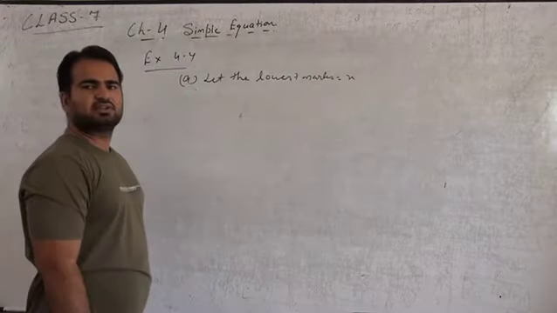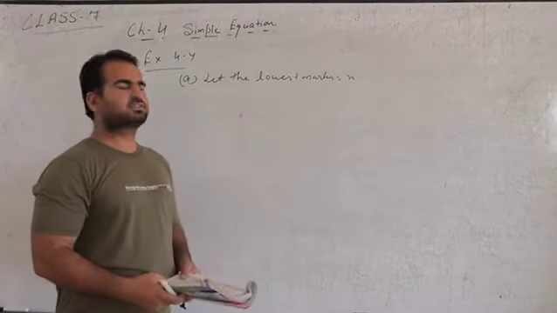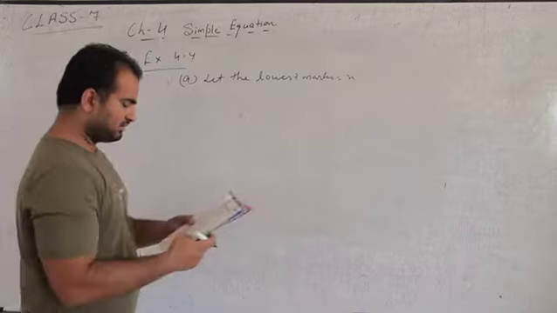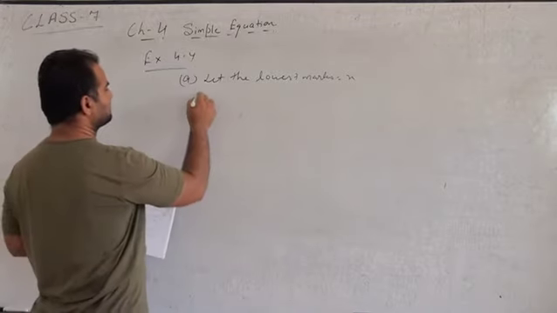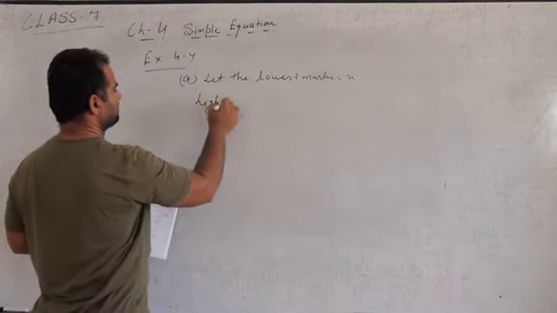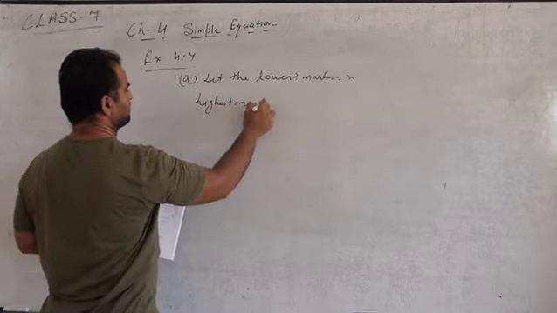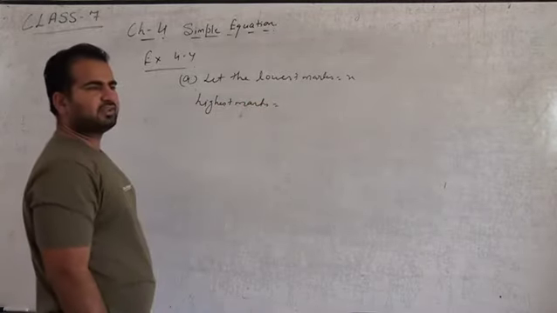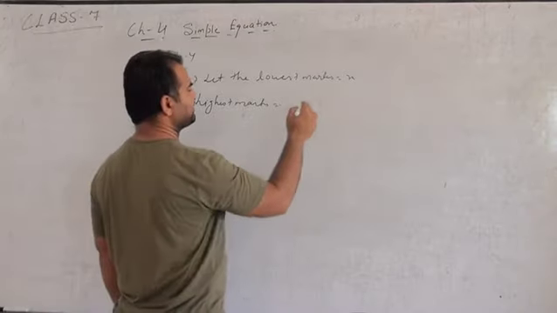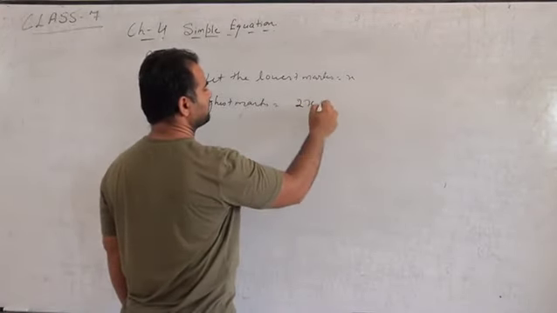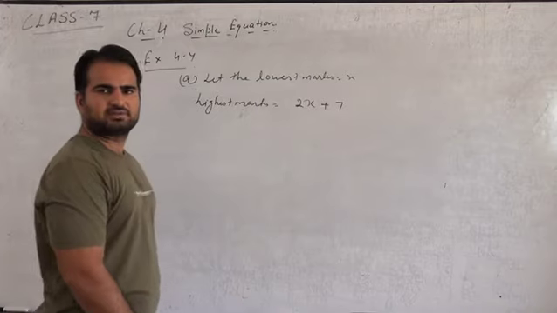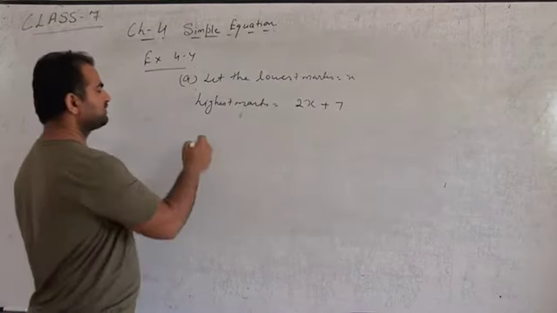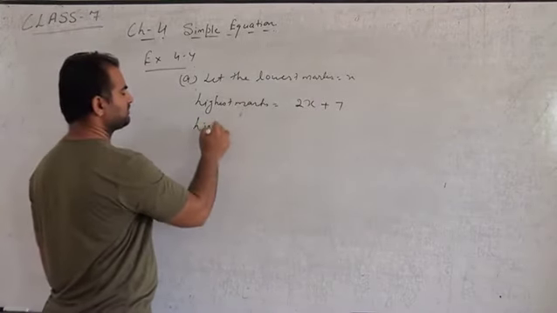What we have done is we have assumed that the lowest marks equal x. So highest marks equals, we are given a condition that highest marks equals double of lowest marks plus 7.